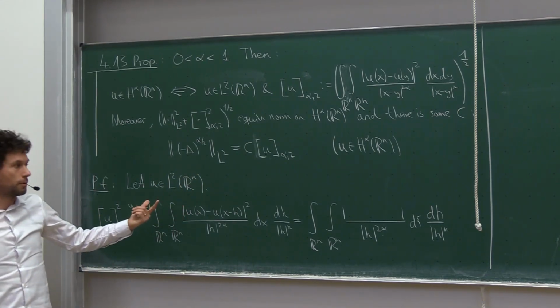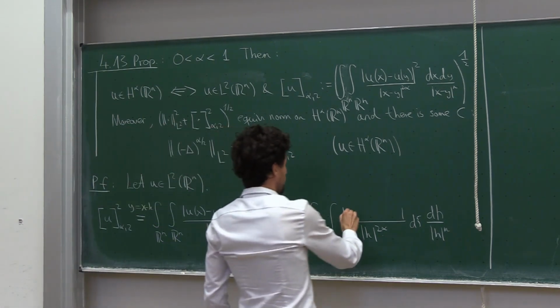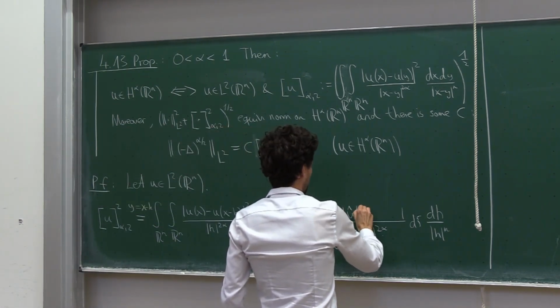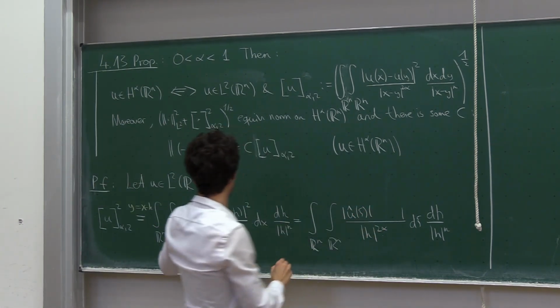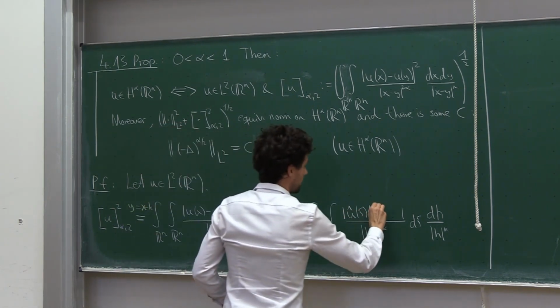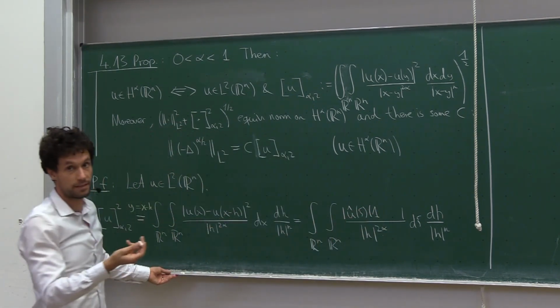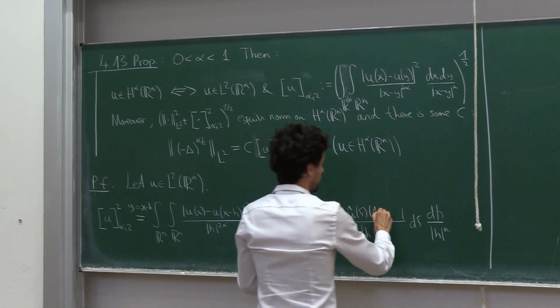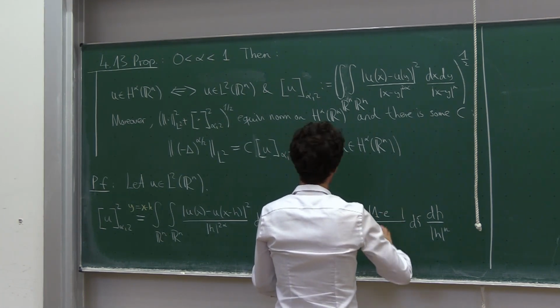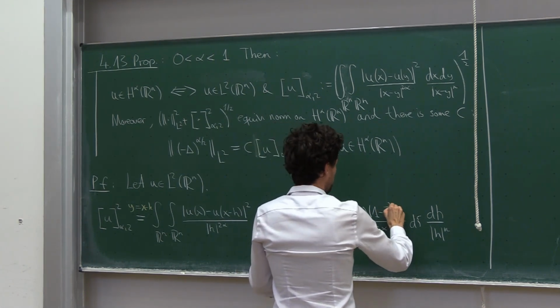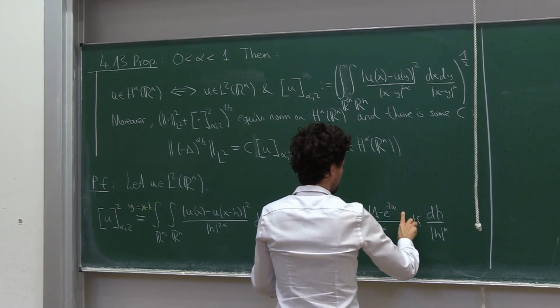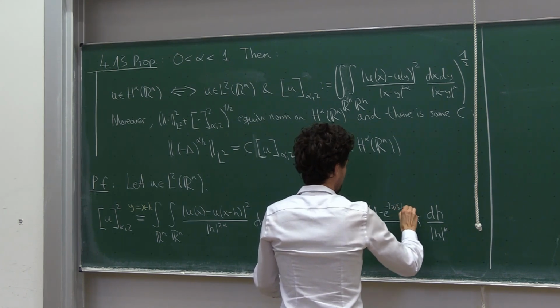And the Fourier transform of this function is going to be u hat of xi for the first guy. And for the second guy, it's the Fourier transform of a translation. So it becomes a modulation. So I have to subtract off e to the minus 2 pi i xi times h.